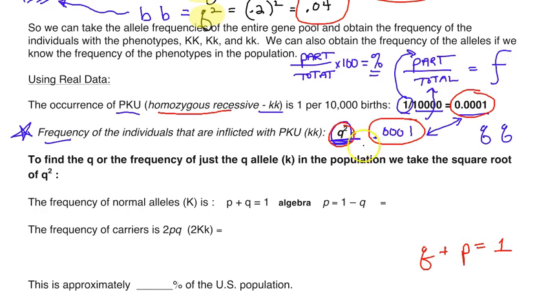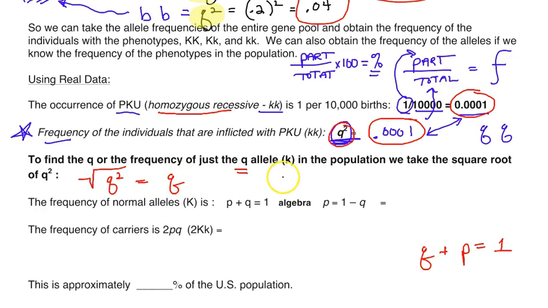But right now I don't have q, I have q squared. So to find the q, or the frequency of just the q in the population, all we do is take the square root. The square root of q squared, which is the individuals that have the disorder, is equal to the q. So the square root of q squared gives me the frequency of the total number of chromosomes in the population that are recessive.